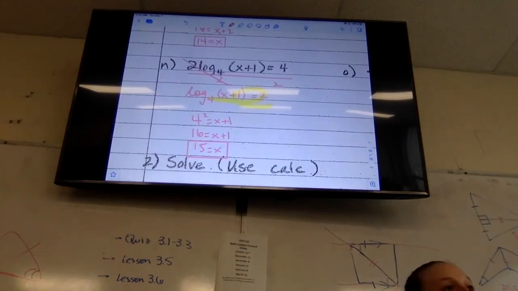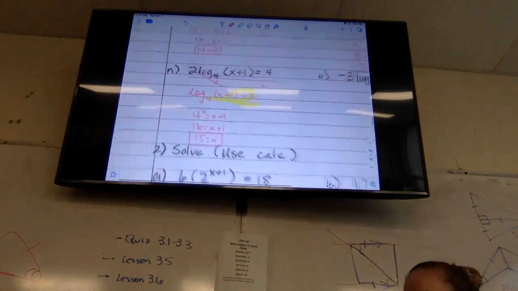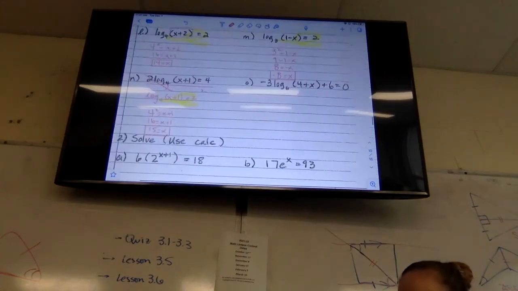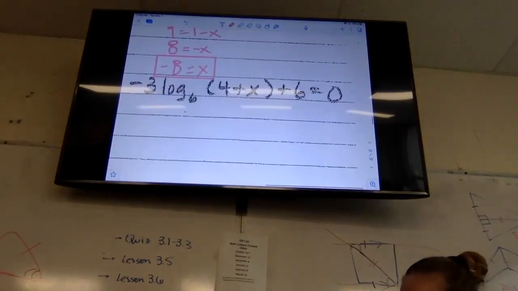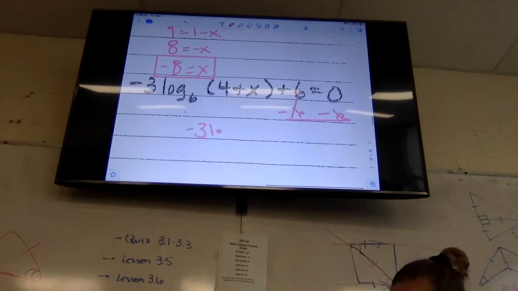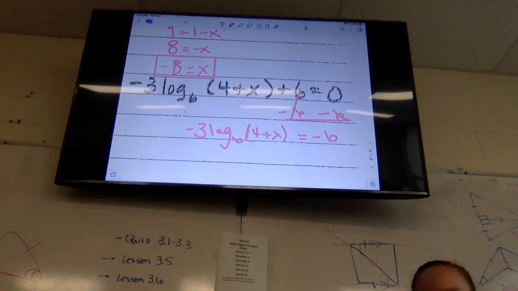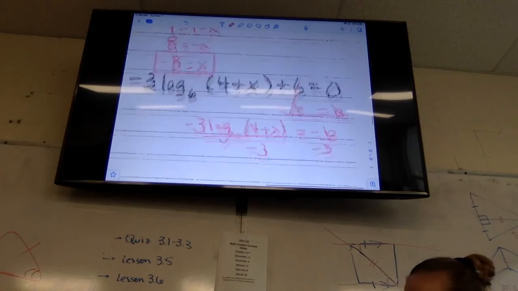So exactly what we've been doing, you just got to simplify a little bit. Similar for the last one of this section. What should I do first to start simplifying? Move that 6, minus your 6 over. So I get negative 3 log base 6 of 4 plus x equals negative 6. And then what do I do? Very good. Divide by negative 3.